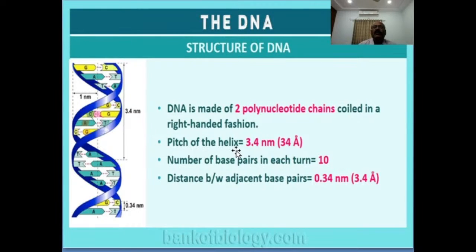Pitch of the helix is 3.4 nanometers or 34 angstroms. That means one complete turn is called pitch. One complete turn means here to here, DNA shows a 360 degrees curve.